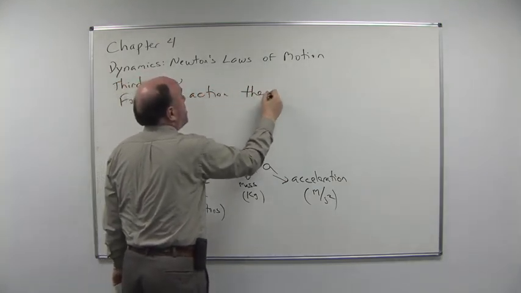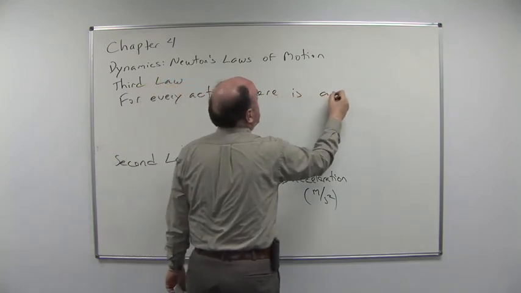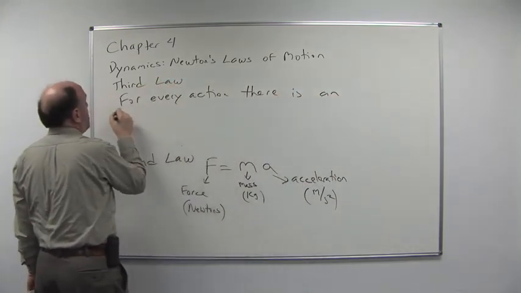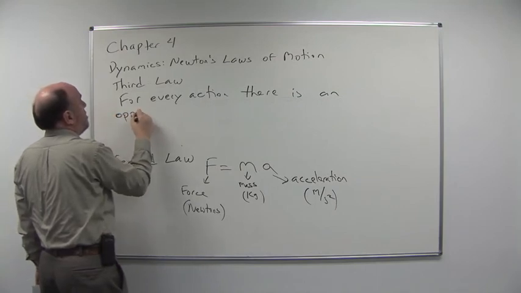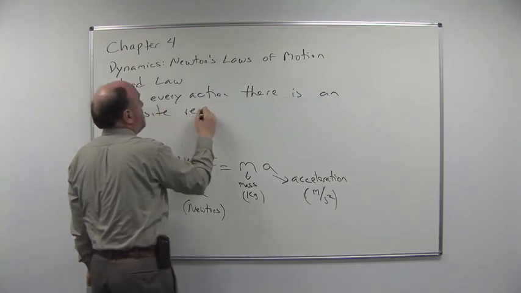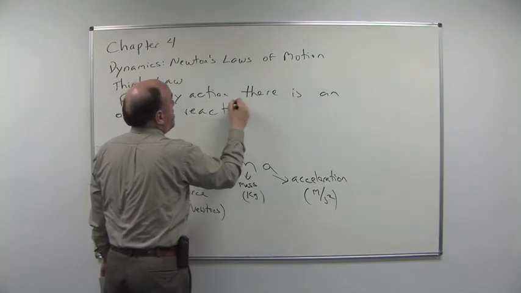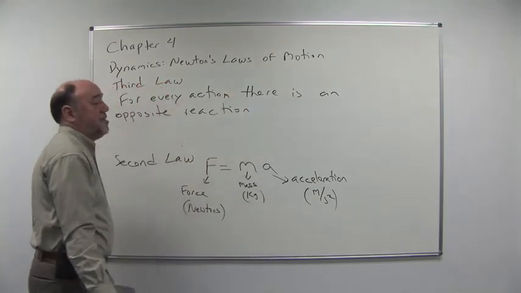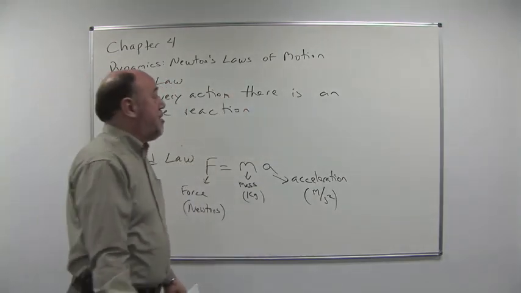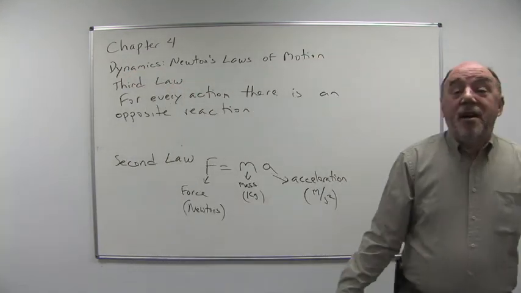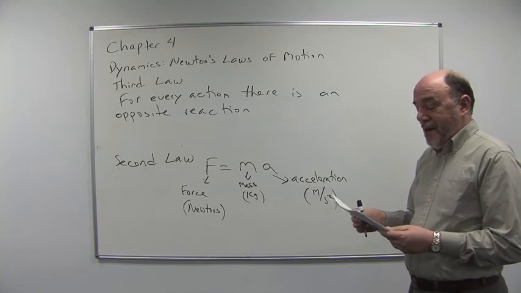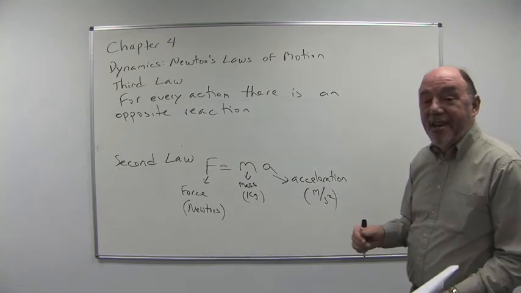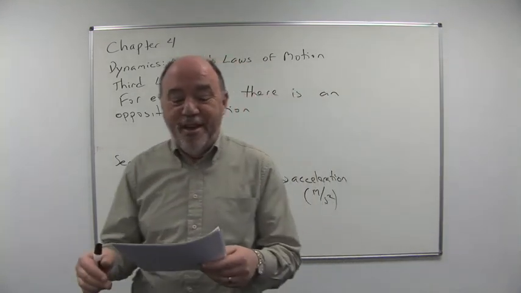So you fire a gun, there is the kickback on the gun; a rocket goes up, the propellant comes out the back. And also if you forget your wife's birthday, then there is a reaction to that. Unfortunately, in that case, it's not equal and opposite.